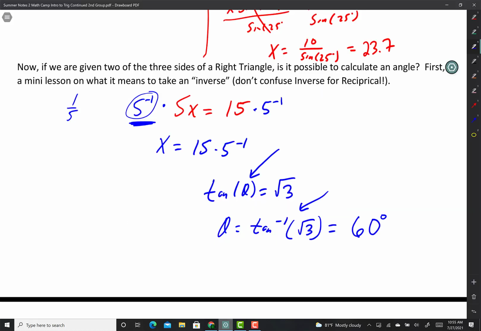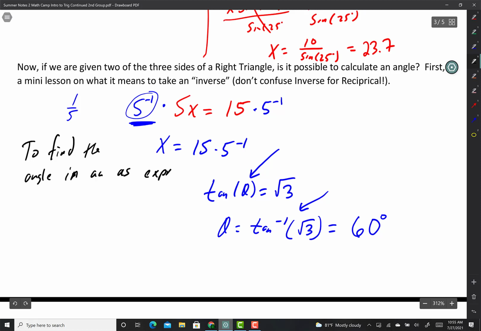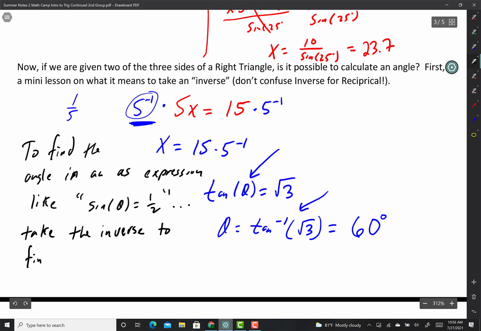You don't have to write anything down, or if you want to write that concept real quick, I guess I'll write it here for good notes. To find the angle in an expression like sine theta equals half, take the inverse to isolate theta.